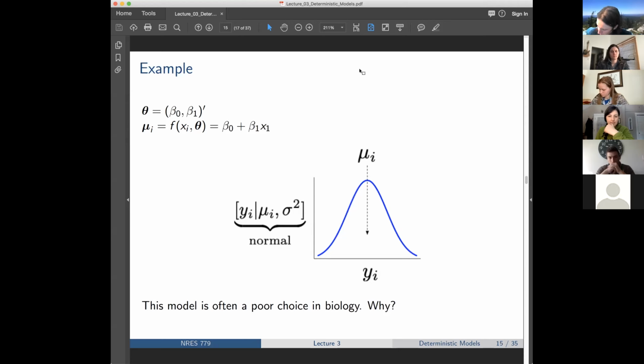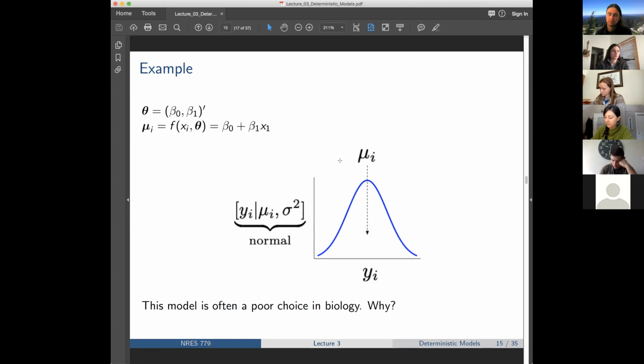Now we're going to talk about this idea of support. One of the reasons for recognizing that the normal distribution is not always a great distribution is to understand its limitations. The normal distribution goes from negative infinity to infinity.